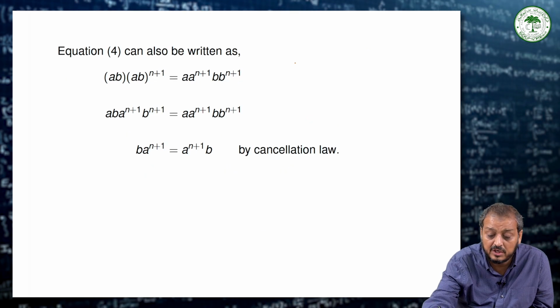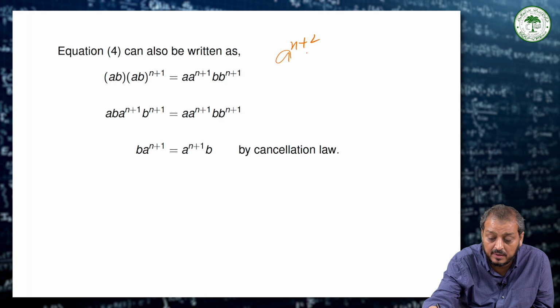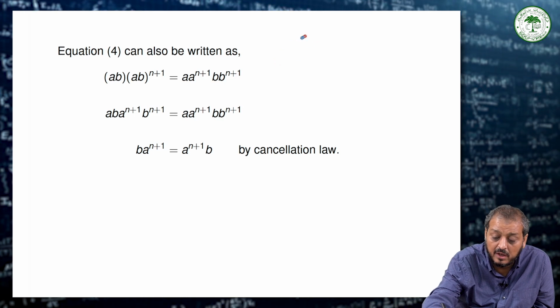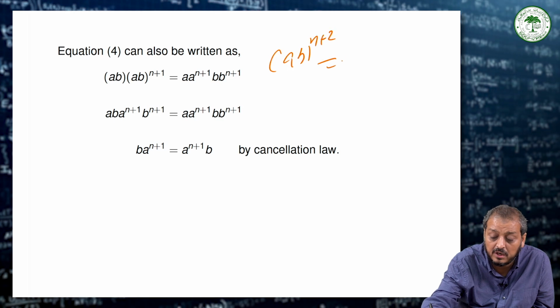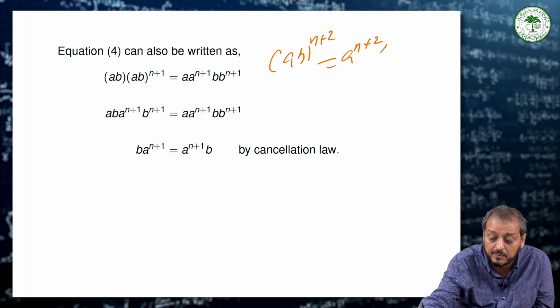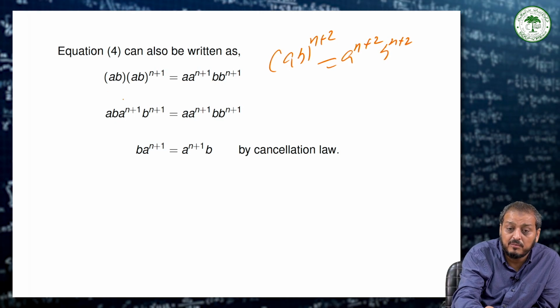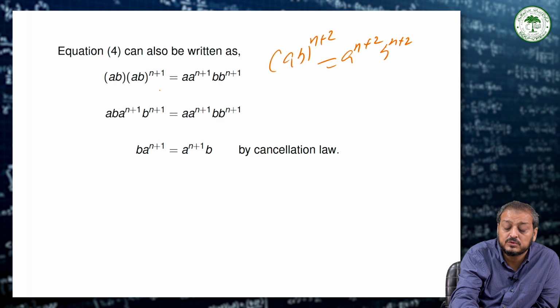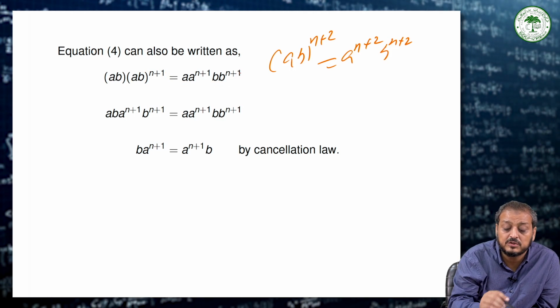Equation number 4 is saying that (ab)^(n+2) = a^(n+2) b^(n+2). This can be written in the form ab(ab)^(n+1), and the right hand side a^(n+1) b^(n+1).